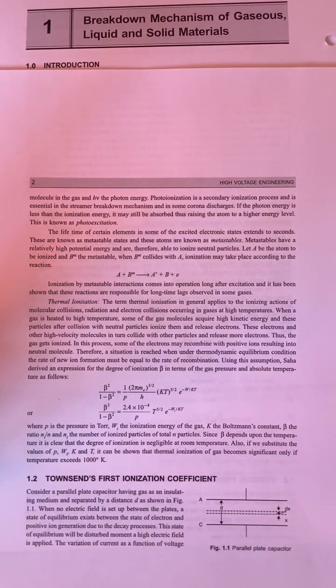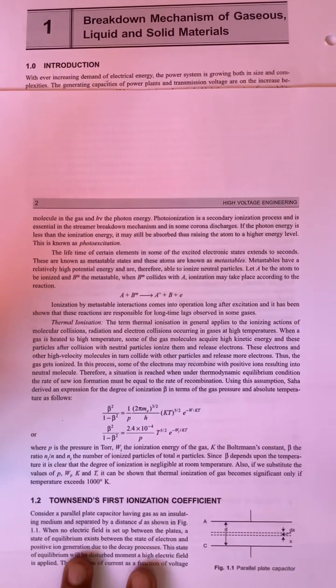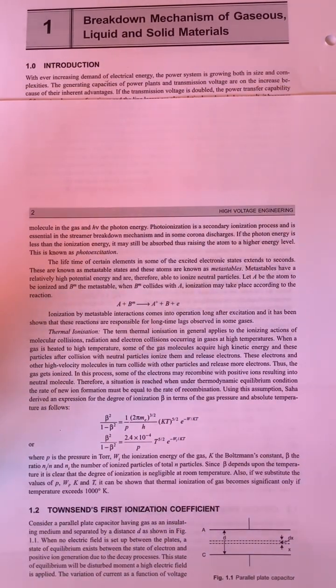Thermal ionization, now there's something else. The term thermal ionization in general applies to the ionizing actions of molecular collisions, radiation and electron collisions occurring in gases at high temperature.